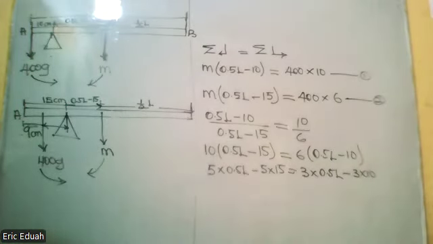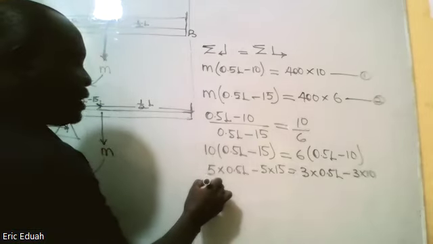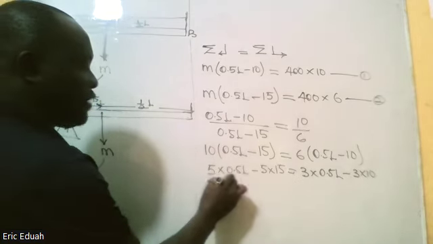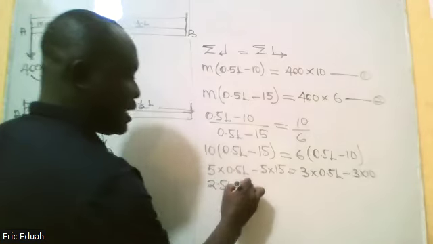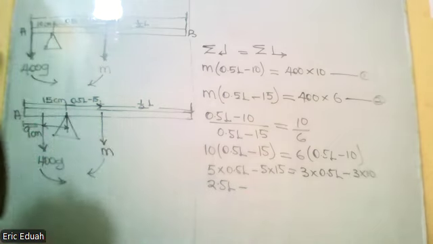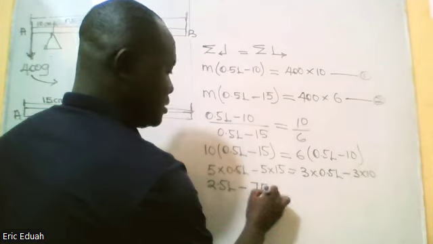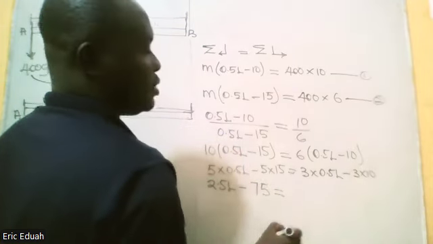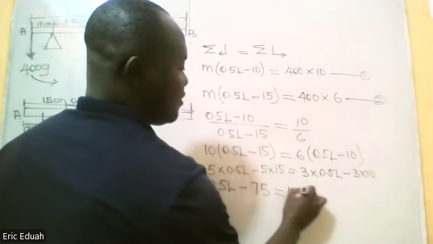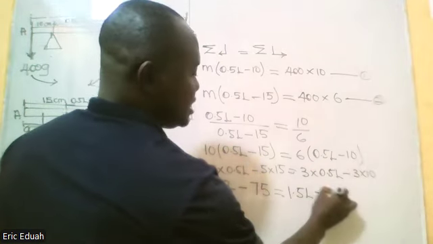So this is 2.5 L minus 75 is equal to, this is also 1.5 L minus 30.